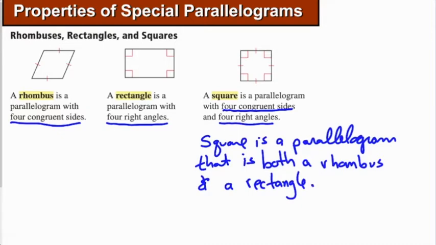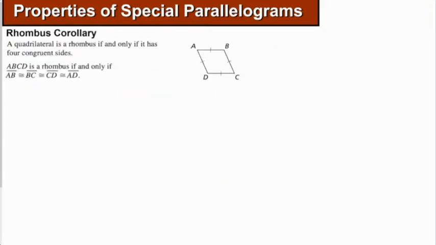So now that we have these new definitions for special types of parallelograms, let's look at some of the tests that we can apply to identify them. We have the Rhombus Corollary, which states that if a quadrilateral is a rhombus, then it has 4 congruent sides.